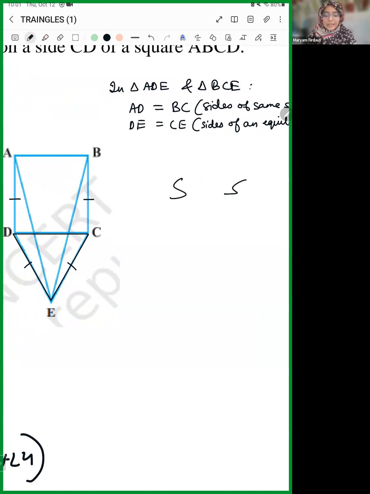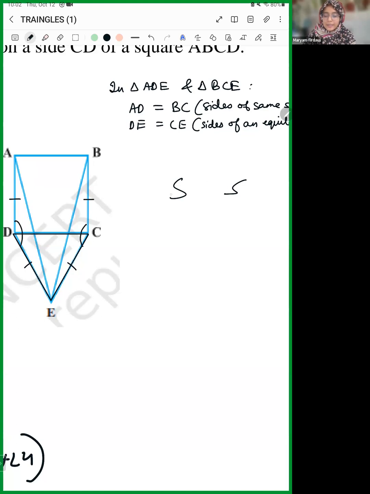We have to think of the angle between them. Otherwise, how will you get SAS? The only two options we have right now are SSS and SAS. If you don't take the angle between them, then you're not going to get SAS. And obviously the third side, there is no way that the third side will be equal, because it's not given to us. So we can't take that. So we'll have to take the angle between them.